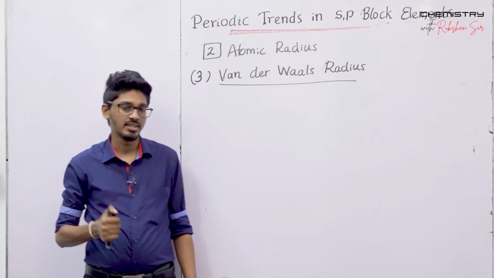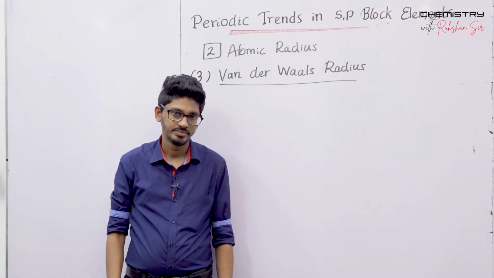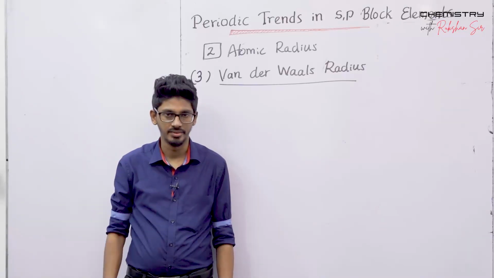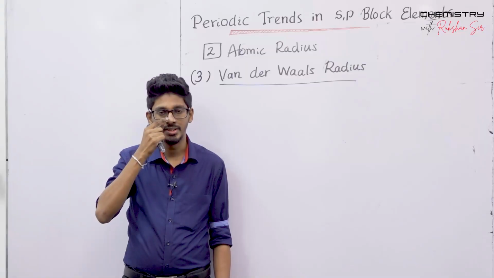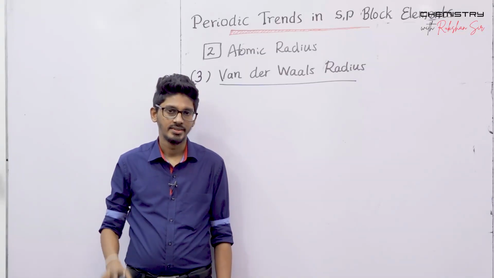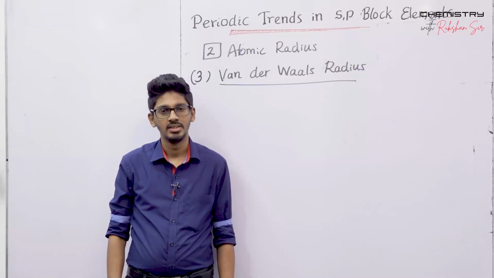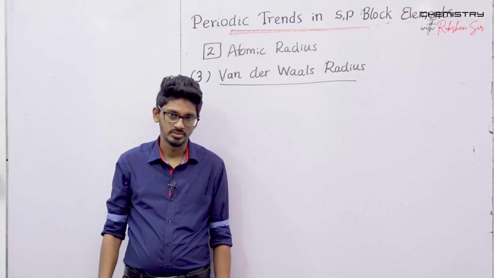We had seen some errors with the covalent radii when it comes to nonmetals. So we should come up with another method, some good method to get the exact value.